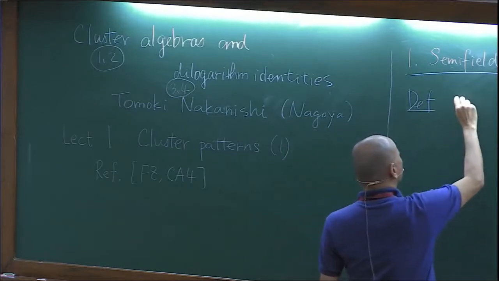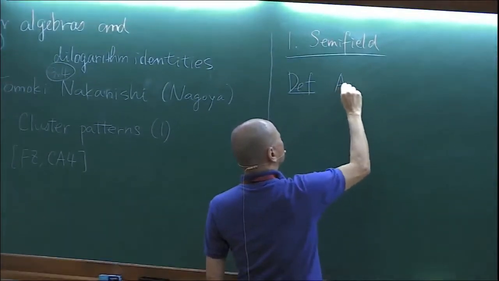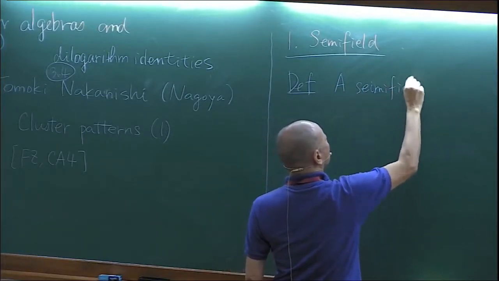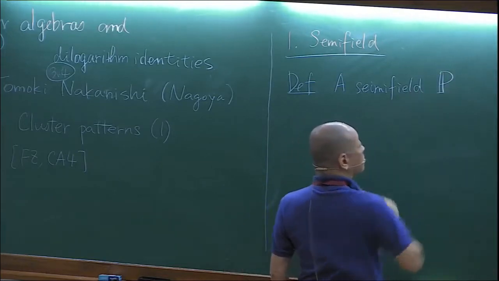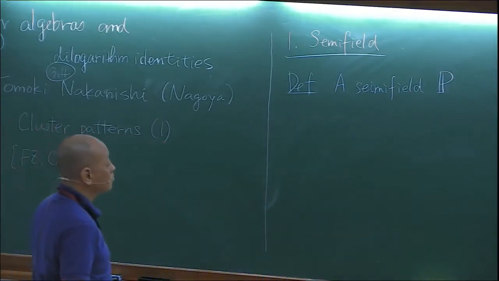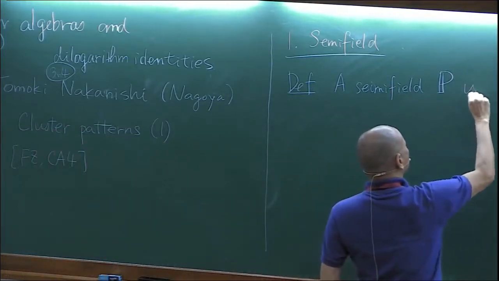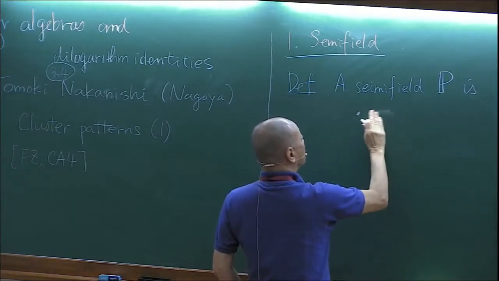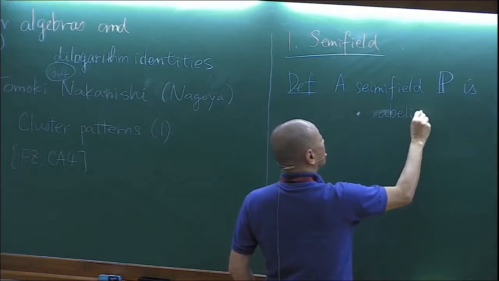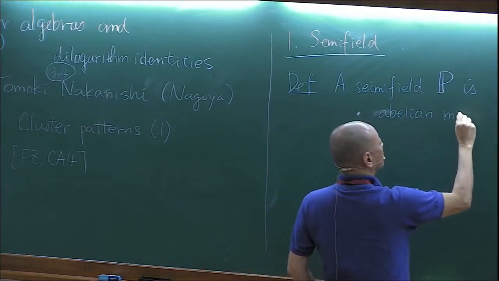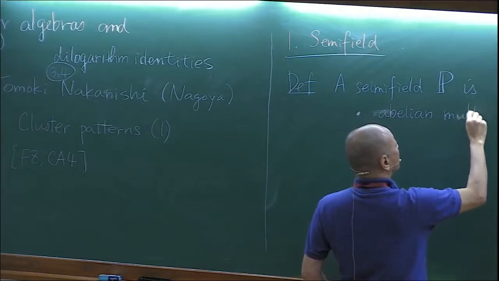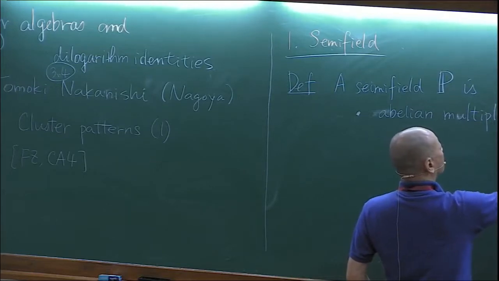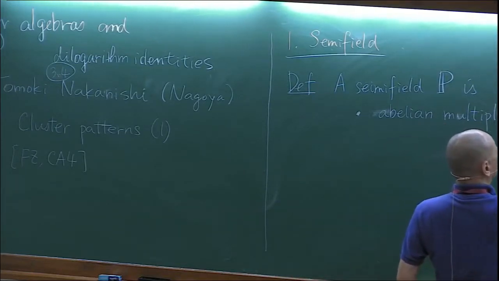A semi-field P, I use this notation throughout, following the Fomin and Zelevinsky paper, is defined as, first of all, a multiplicative abelian group.